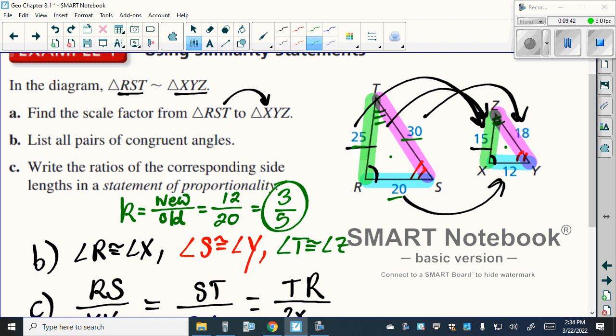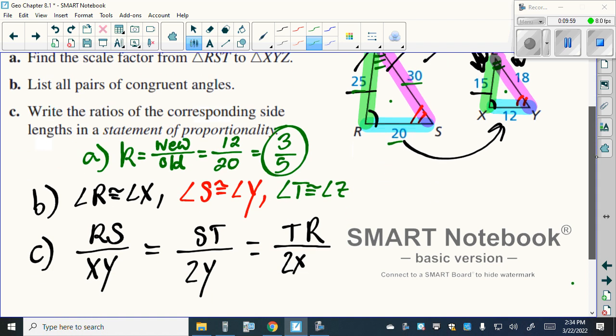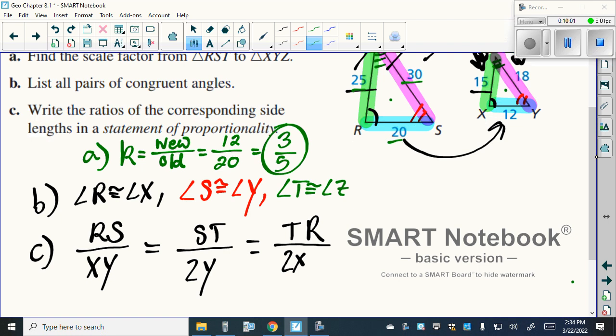If we were going the other direction, we would have the bigger number on top. So this is A, yes. Any other questions over this first one here? All right, we'll look at the next one.